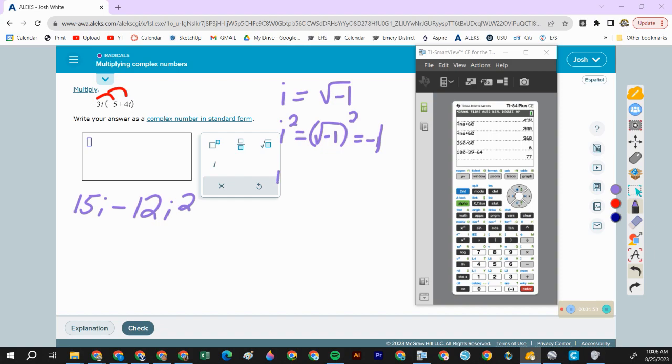What would i to the third be? Well, i to the third is just going to be i times i squared. So what happens when I multiply those together? I get -i. What about i to the fourth? i to the fourth is just i squared times i squared, which would be 1. What about i to the fifth?